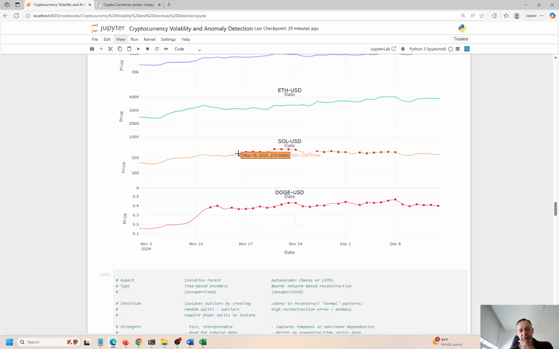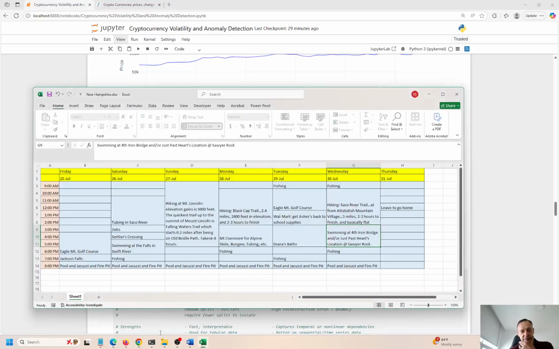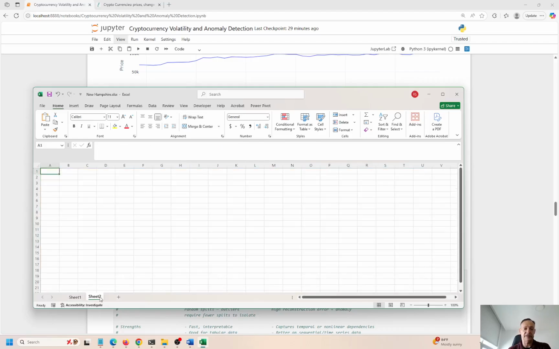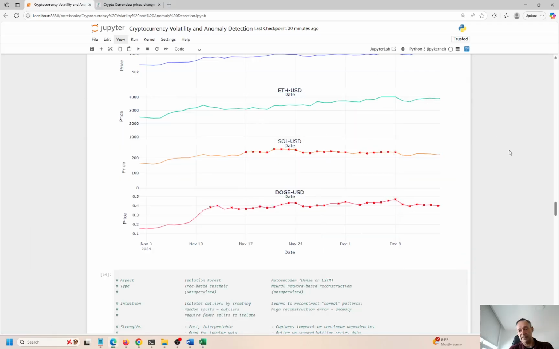So from 215 to 237. There's a change right there: 10.23%. So 10.23% up. So that's why the model is recommending get out.